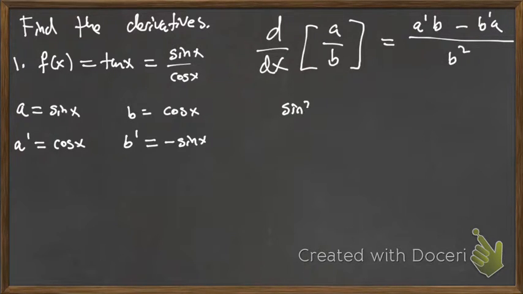Okay, I'm going to insert that in, and then I'm going to make a mention here that if I have sine squared plus cosine squared, that's one of your Pythagorean identities, that's equal to 1, or if you have cosine squared plus sine squared, that's going to be equal to 1. So we're going to use that in a minute here.